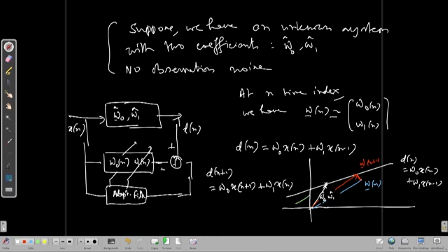So that means this is another line, this is the new one, d n plus 1. This was not perfectly perpendicular.